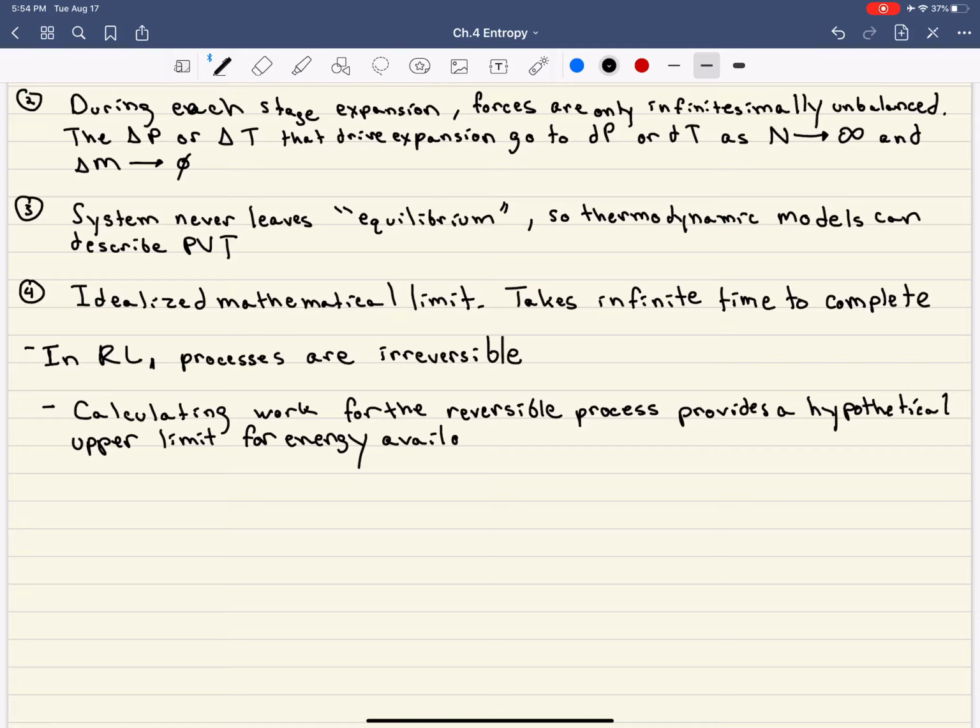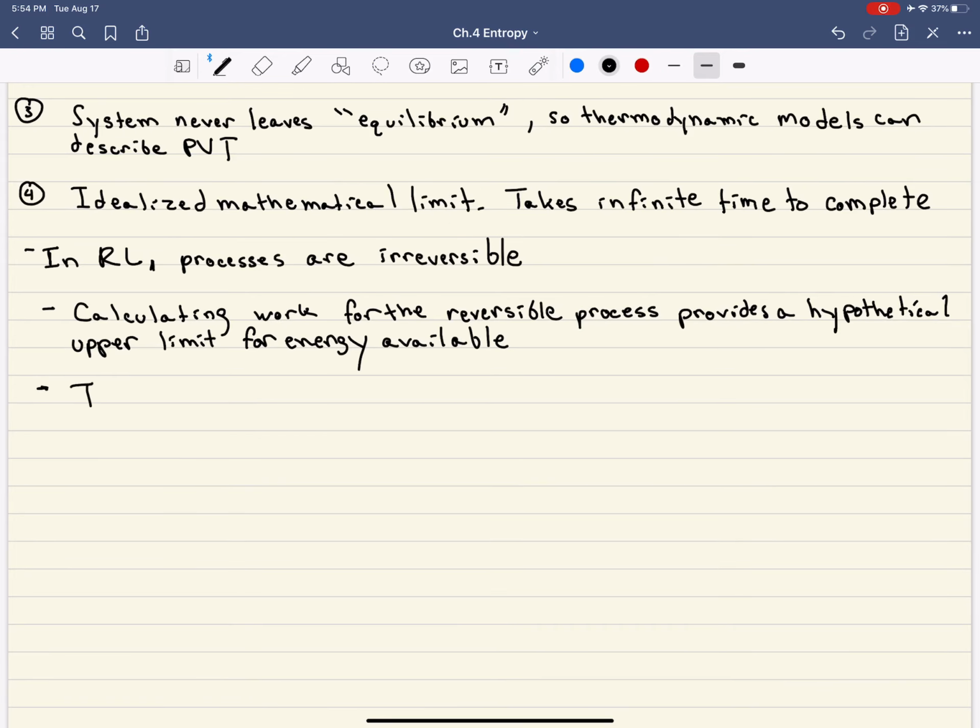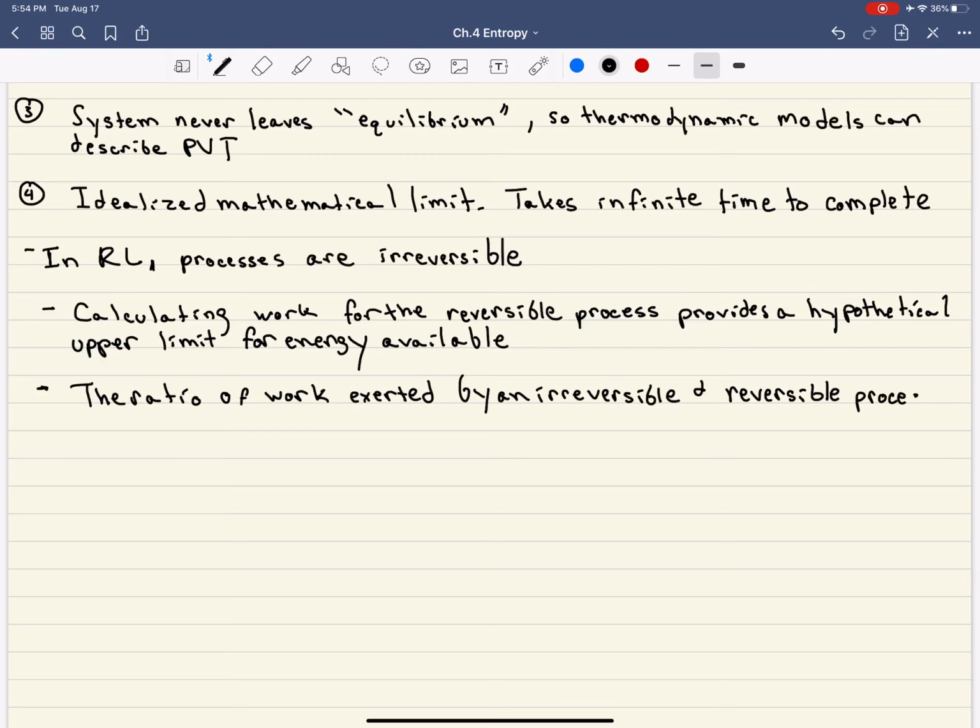And if we take a ratio of the work exerted by an actual process, an irreversible process, divided by the amount of work we would get from a reversible process, that would give us the efficiency of our irreversible process.